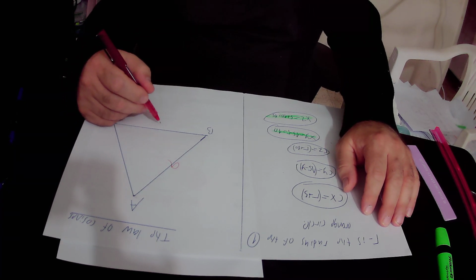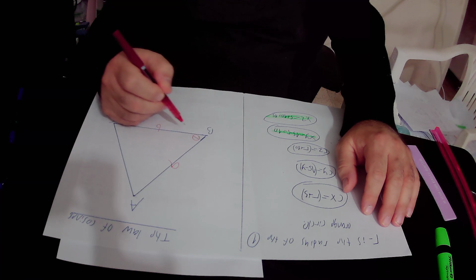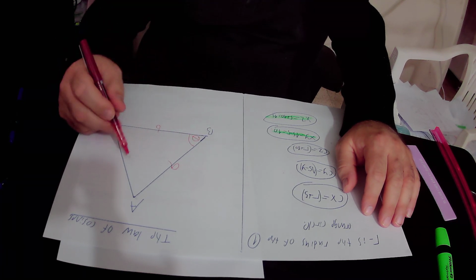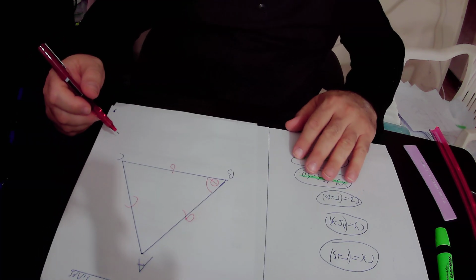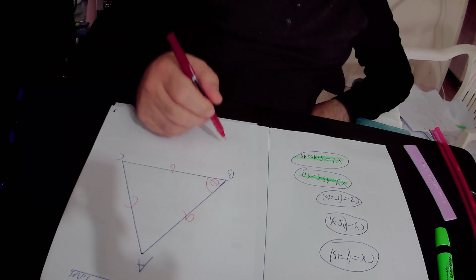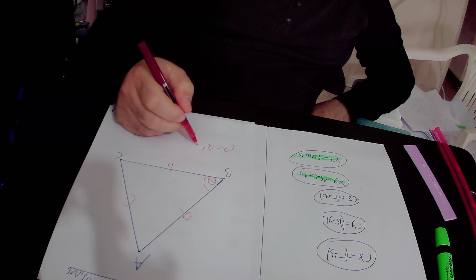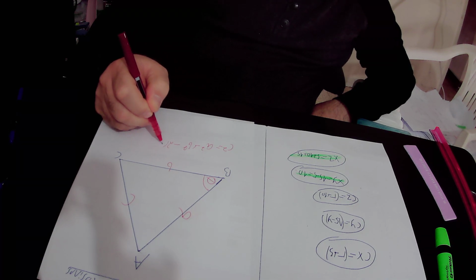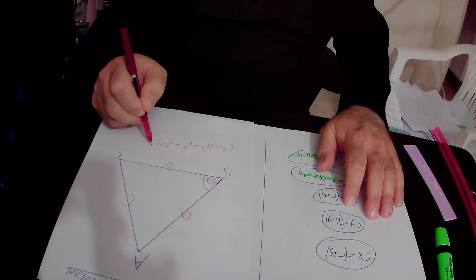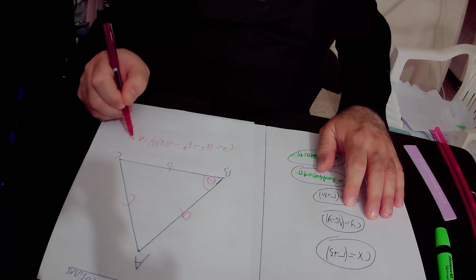Side BC equals b units in its length. The angle between side AB and side BC is theta. And we also know that side AC of triangle ABC equals c units in its length. Then, according to the law of cosines, we get that c squared equals a squared plus b squared minus 2 times a times b times cosine theta.